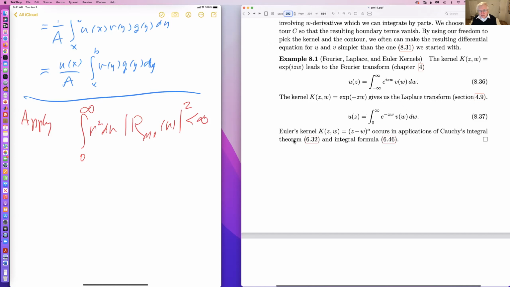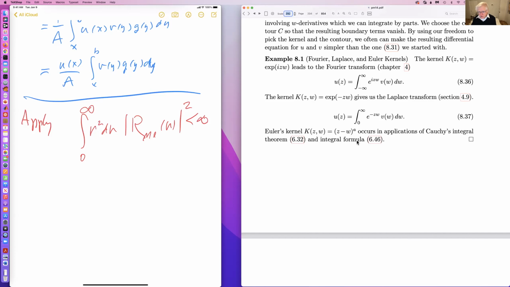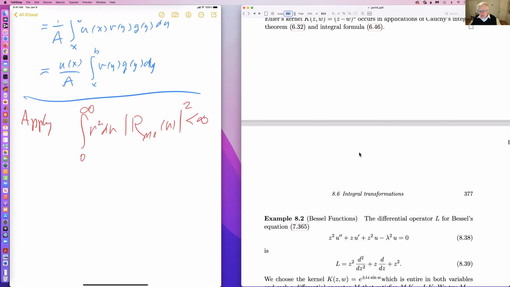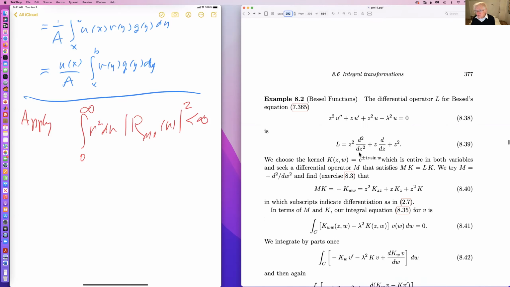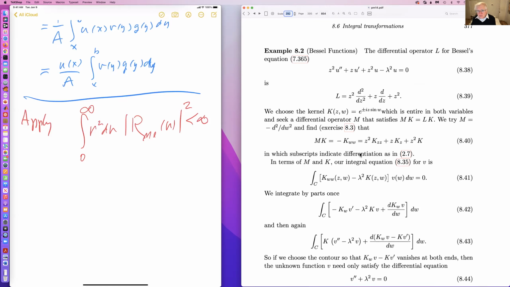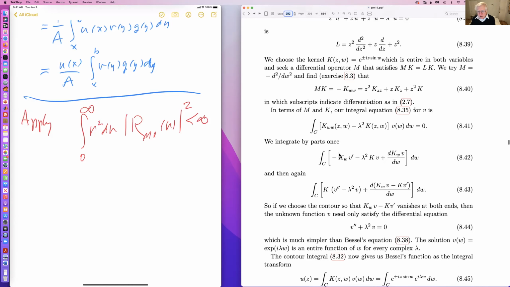Well, anyway. Euler's kernel is (Z − W) raised to some power, and it occurs in the Cauchy integral formula and the Cauchy integral theorem. In particular, I'm going to postpone this example until we get to the chapter on Bessel functions, where it's more relevant.